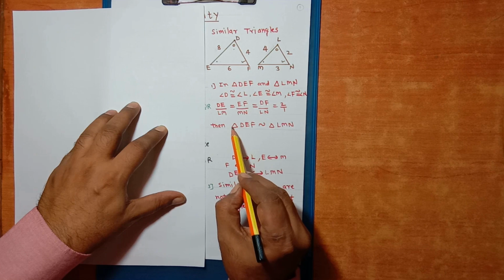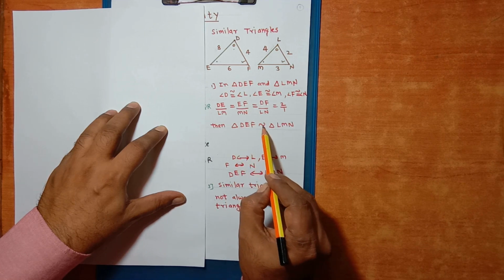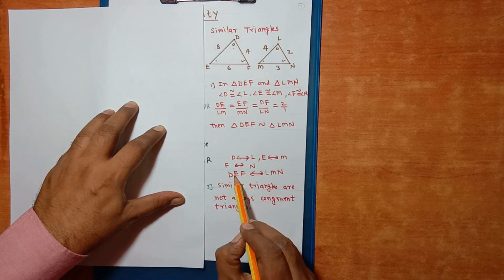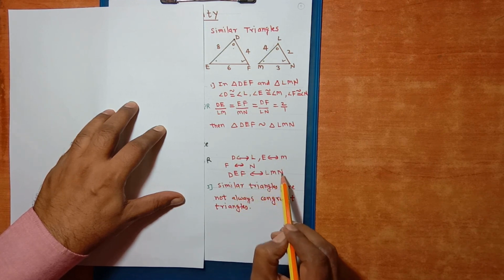So we can say that triangle DEF is similar with triangle LMN and the one-to-one correspondence is DEF to LMN.